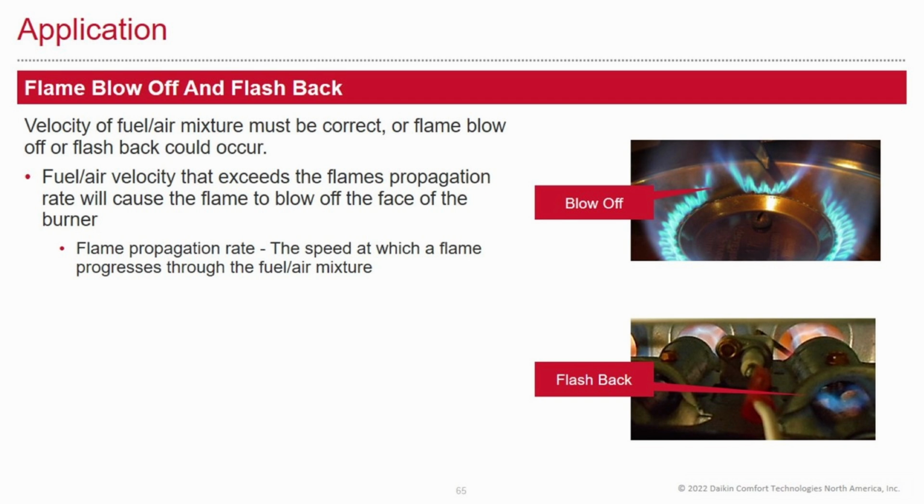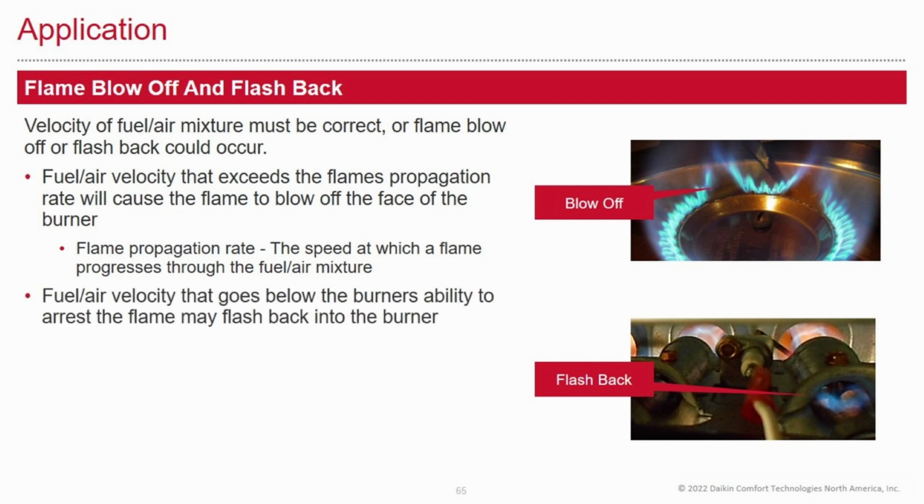Flame propagation rate is the speed at which the flame progresses through the fuel-air mixture. Fuel-air velocity that goes below the burner's ability to arrest the flame may cause the flame to flash back onto the burner. This can also occur when the flame is extinguished, possibly resulting in extinction pop.